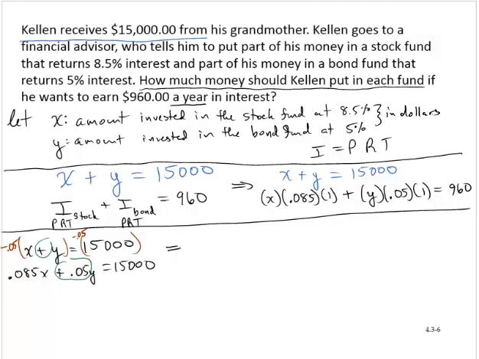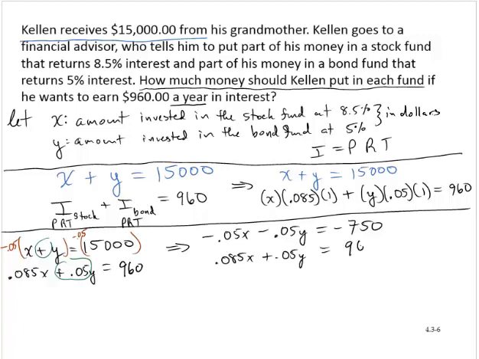So that would give me equivalently on the first equation negative 0.05x minus 0.05y equals negative 750. And the second equation is still 0.085x plus 0.05y equals, that shouldn't have been a 15,000, I just rewrote that incorrectly. That should have been a 960 here. So that would be 960. Sorry for that error.